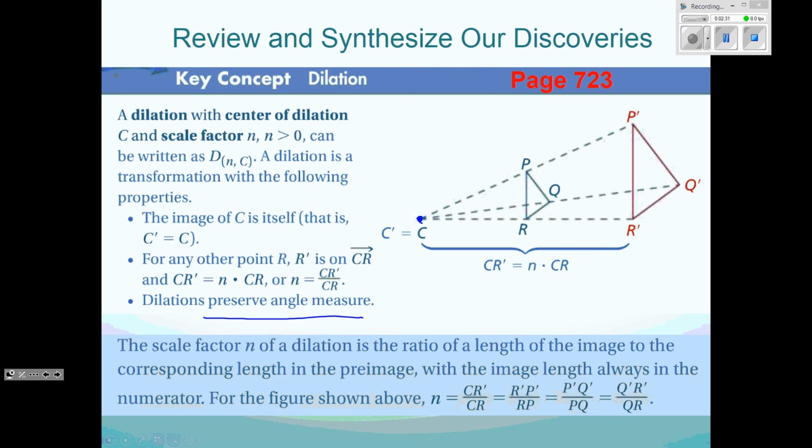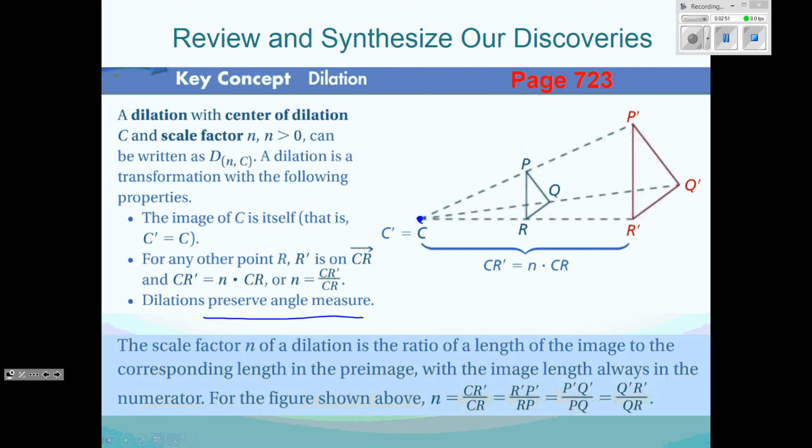Scale factor. This is the part that I need you to make sure you write down, because this is our first actual calculations that we're going to have to do. The scale factor of a dilation is the ratio of a length of the image to the corresponding length in the pre-image, with the length of the image always on top, or in the numerator.